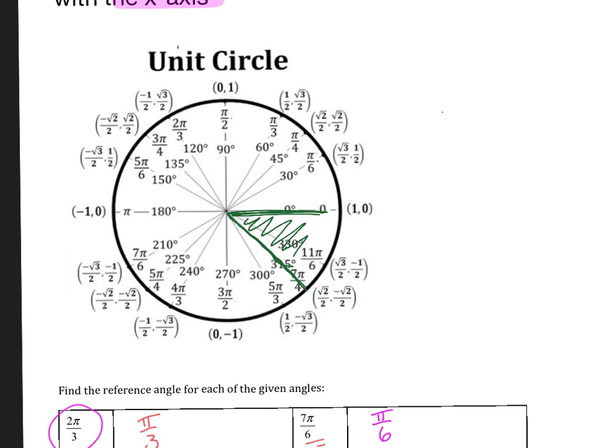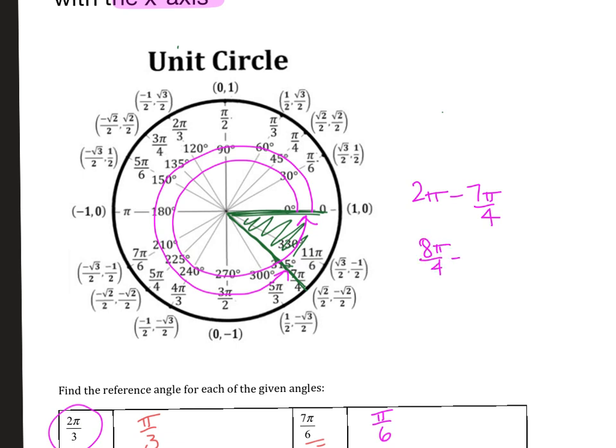If I went all the way around, which is 2 pi, and I subtract this amount, which I know is 7 pi over 4, then I'm left with that green wedge. So let's get a common denominator. This is going to be 8 pi over 4 minus 7 pi over 4, which gives me a reference angle of pi over 4.